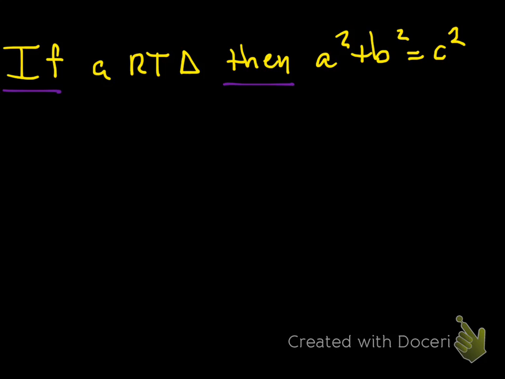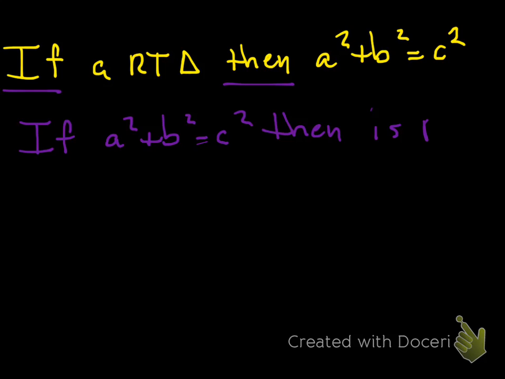So converse, we're going to switch those two. So the converse is going to be if A squared plus B squared equals C squared, then it is a right triangle. Okay, so that's just showing you, if, then.